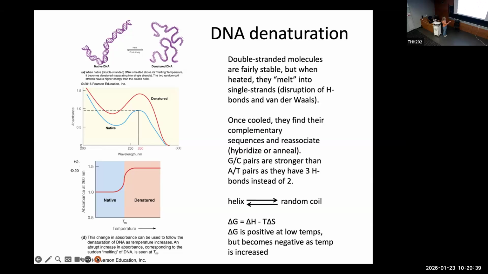The delta H is negative in this direction when you form the base pairs, the hydrogen bonds. Okay, and so which one has more of an impact on the delta G in which direction is going to depend on temperature. So high temperature means that the gain in entropy in this direction overpowers the drive towards the hydrogen bonding in the opposite direction.